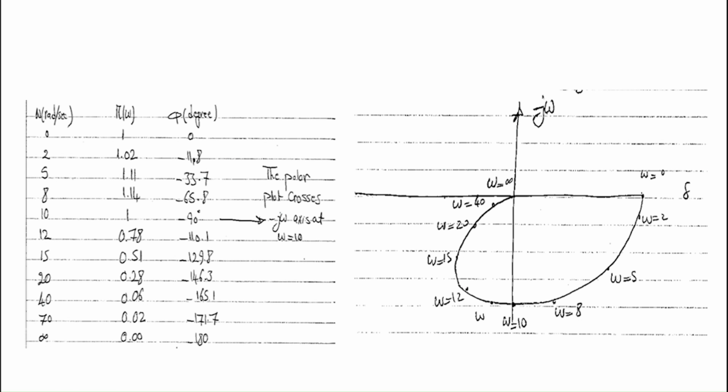Tabulate the results for random frequencies starting from 0 till infinity. Take random intervals and tabulate omega, the magnitude and the phase. Once you determine the angle and the magnitude, you can plot your polar diagram. So you'll get a polar plot of something like this.